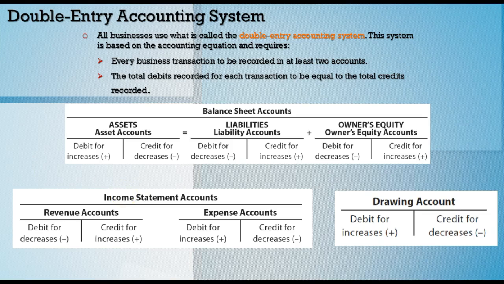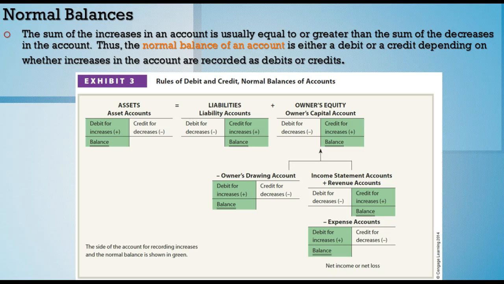Let's look at this next thing, because this is probably the most confusing thing about accounting. A debit increases an asset account. A credit decreases it. Using cash, cash is a perfect one because cash is just so material, so concrete.